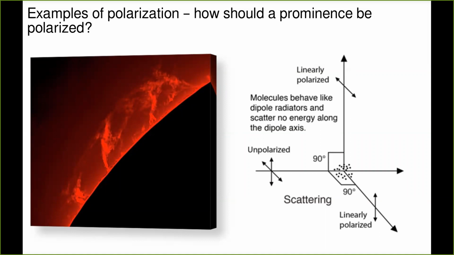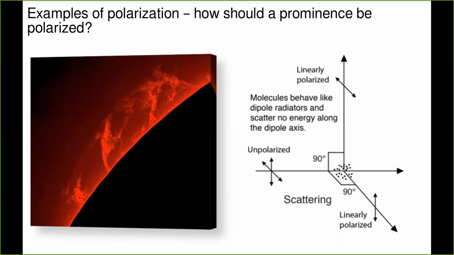Very good. So if you were very far away from the sun, like for example the Earth's atmosphere, theoretically, when you look at light which is scattered at 90 degrees, you should see 100% polarized light. Of course, it's never like that because Mie scattering never can produce 100% polarized light and so on.